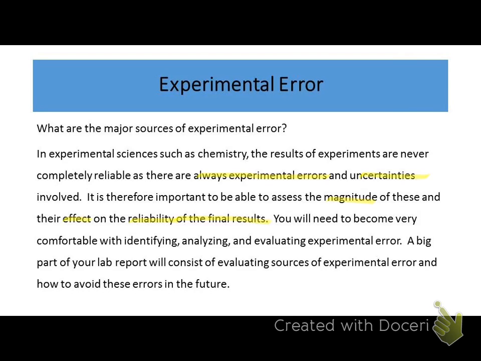What you need to be able to do is become comfortable with identifying, analyzing, and evaluating experimental error. A big part of your lab report will consist of evaluating sources of experimental error and how to avoid these errors in the future.